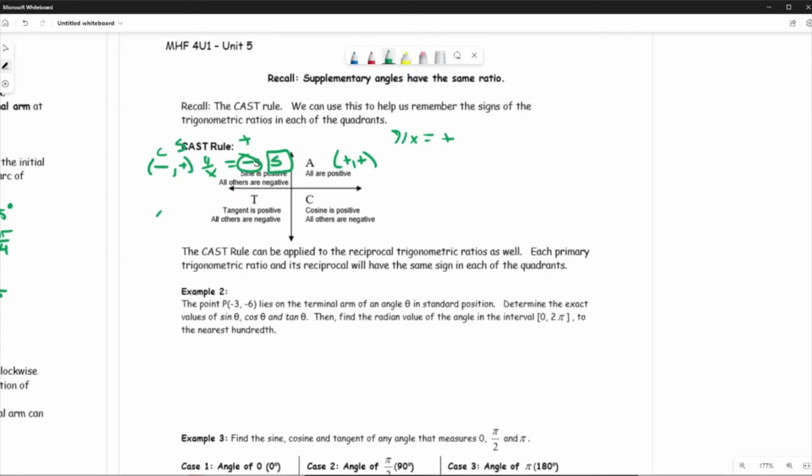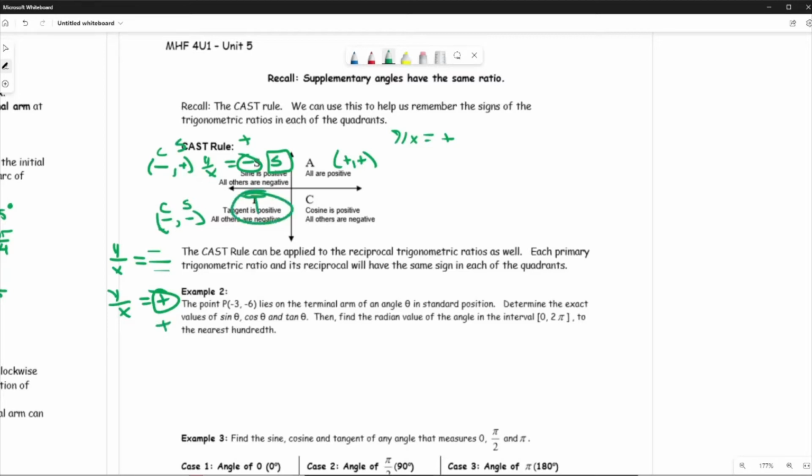In this quadrant, cos is negative, sine is negative, but y over x is negative over negative. Y over x is positive in this quadrant. So cos is negative, sine is negative, but tan is positive.